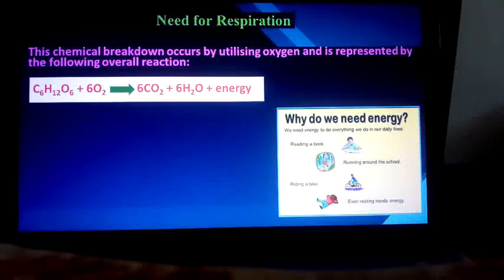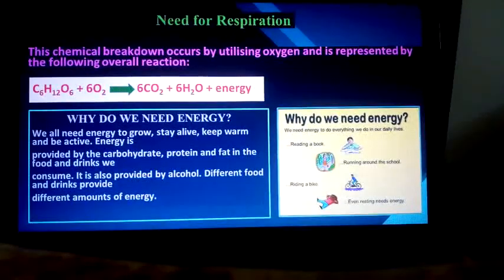Why do we need energy? We need energy to do various things. Got it? Reading a book, running around the school, riding a bike, even for sleeping, just lying down, for resting also we need energy. Got it? So we need energy even for growing, staying alive, keeping warm and being active.